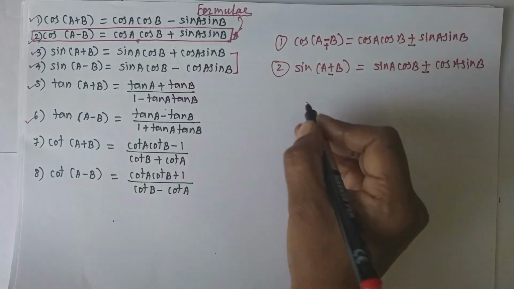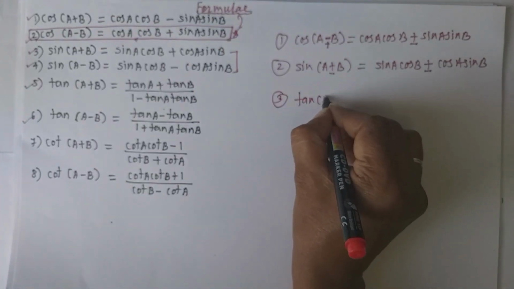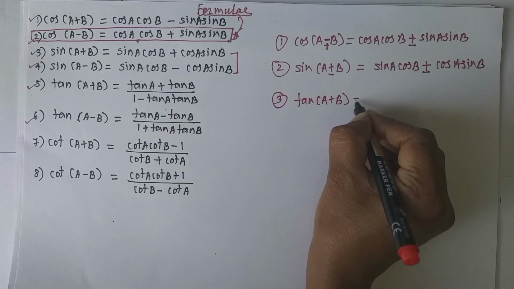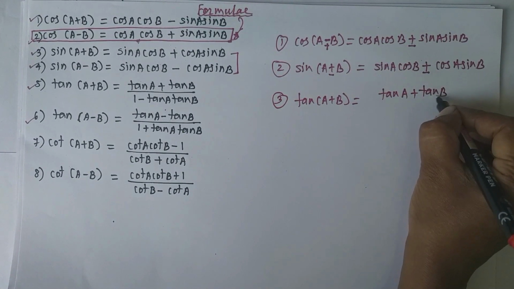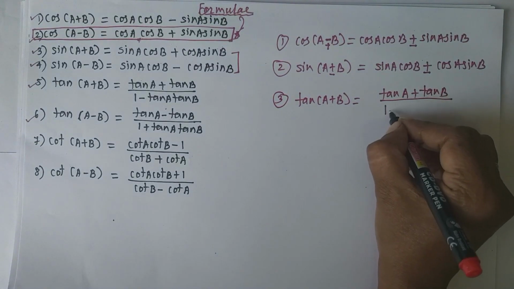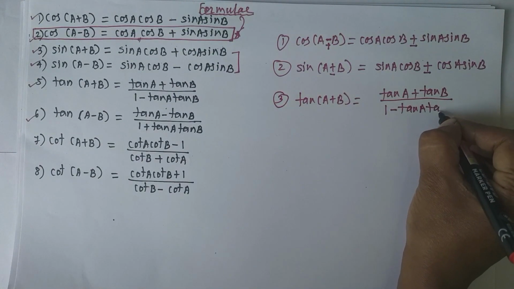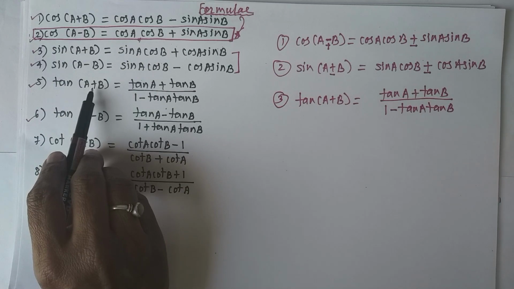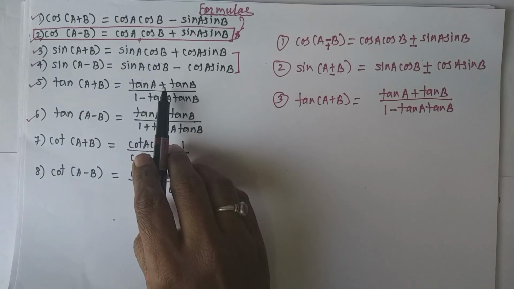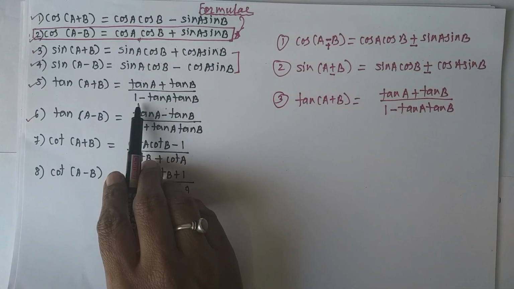For tan also, tan(A+B) is what? You write down the formula for tan(A+B). That is tan A plus tan B divided by 1 minus tan A tan B. Means if there is plus on the left hand side, then in the numerator is plus and in the denominator is minus.